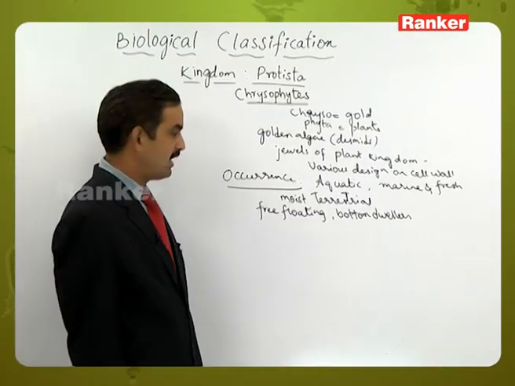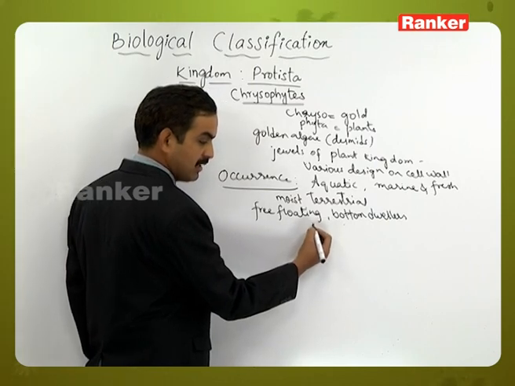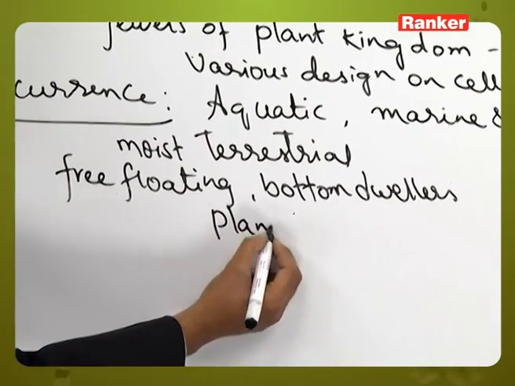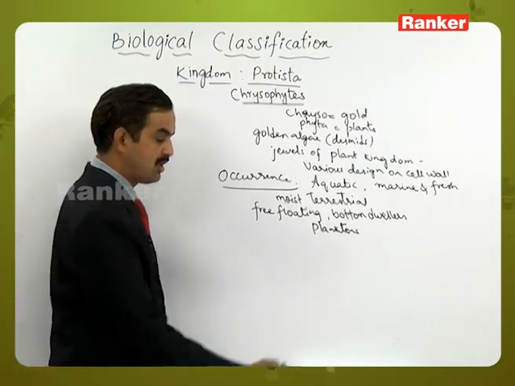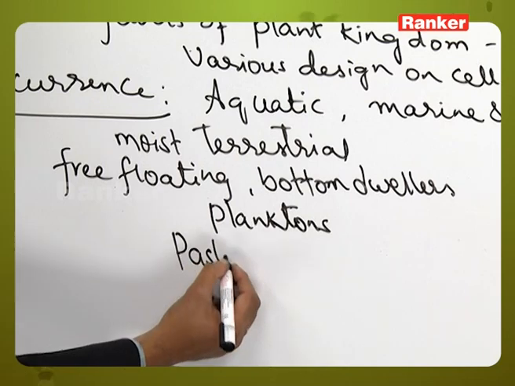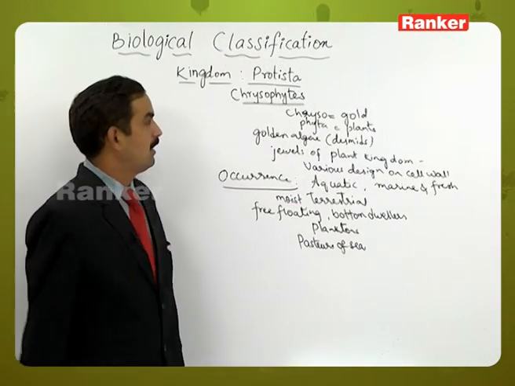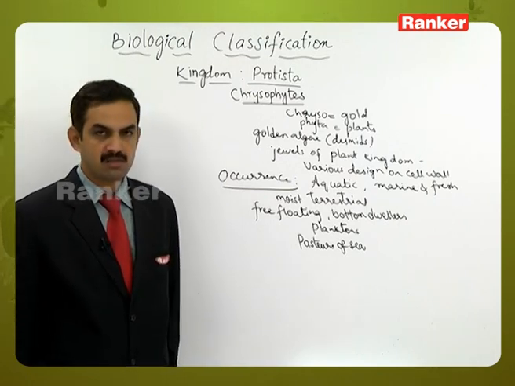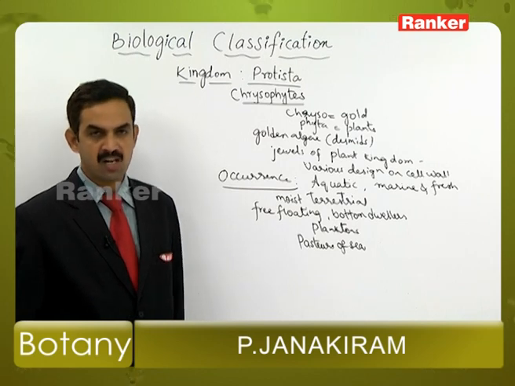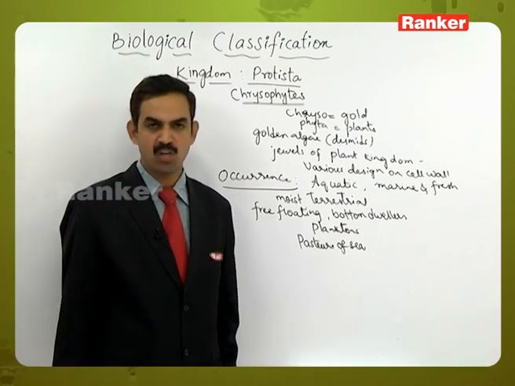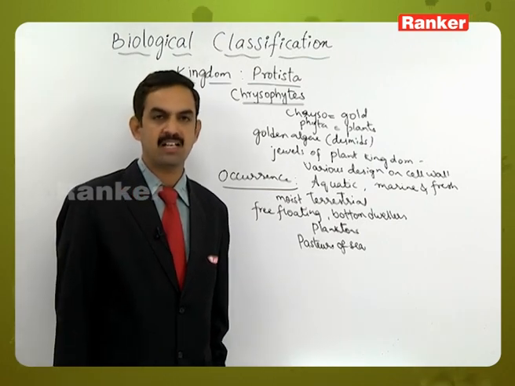When they are in this type of habitat, sometimes they may form the major part of the planktons, and they are called the pastures of the sea. Of all the aquatic systems, these are considered the major producers in the aquatic environment, because their number is more and they are concerned with photosynthetic activity.